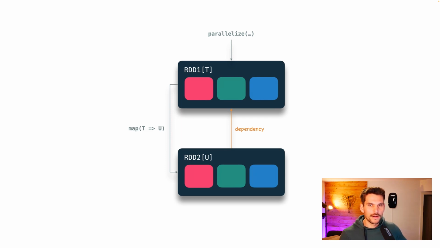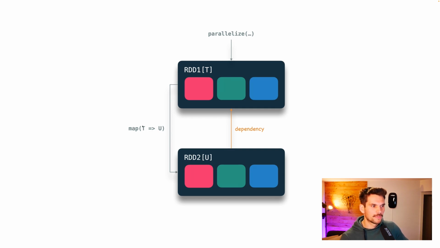So we end up with an RDD1 of type T, and it's already partitioned. So in this example here, we have 3 partitions, and then on that RDD we call the coarse-grained transformation, and we want to map each of the values to a different value, and that's depicted by this function here.